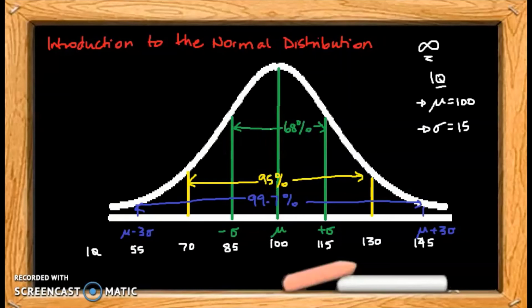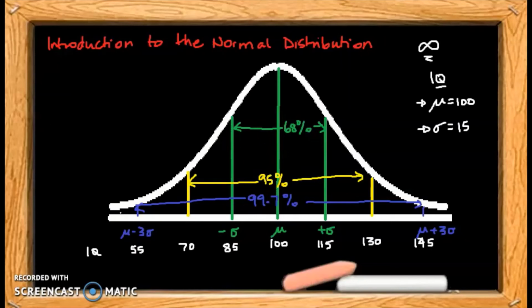And what that means is by design, we expect 68% of people to have an IQ between 85 and 115. Put another way, in a probability context, if I chose someone at random, I would expect them to have a 68% chance of having an IQ between 85 and 115.